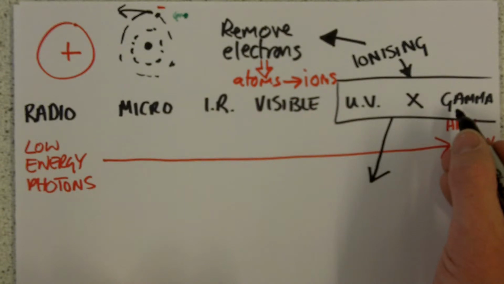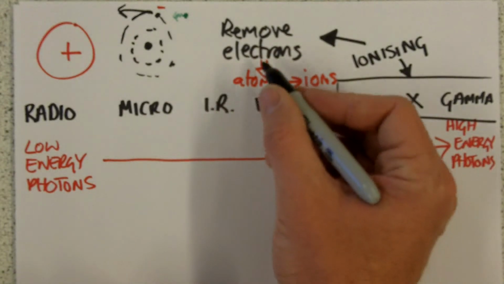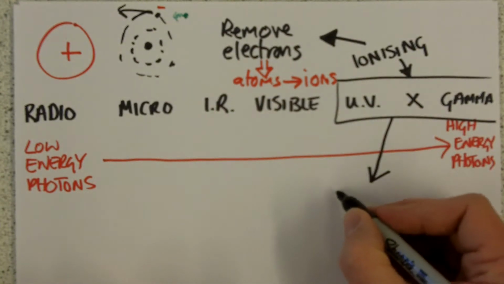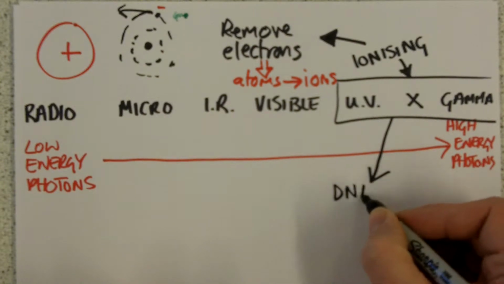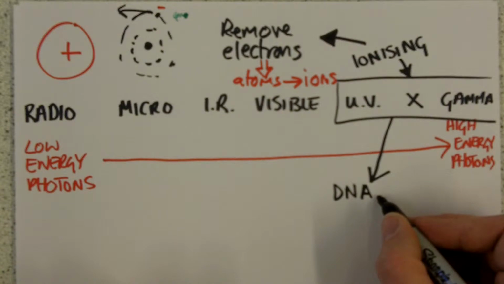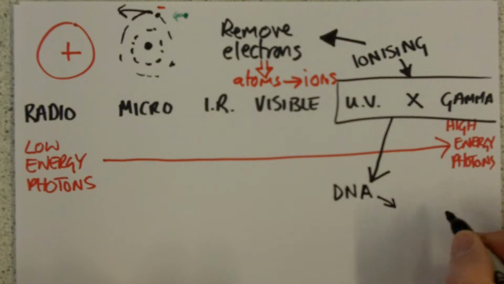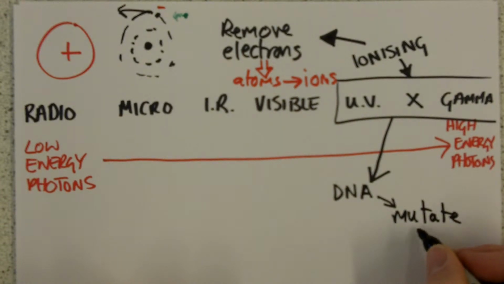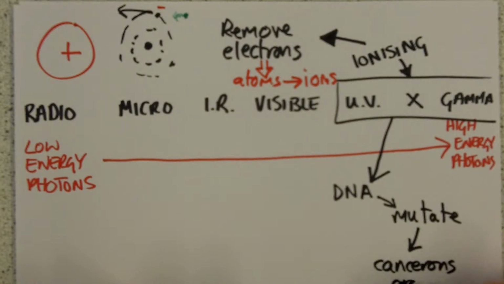Ionizing radiation can ionize by removing electrons, and if this happens in the DNA of a human being, that DNA could behave in a strange way. It could mutate, and this mutation could lead to the production of cancerous growth.